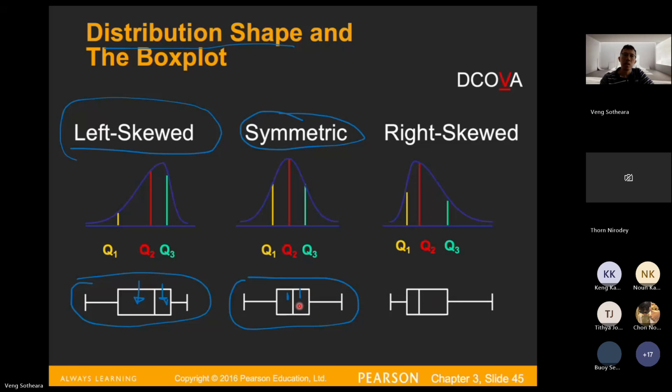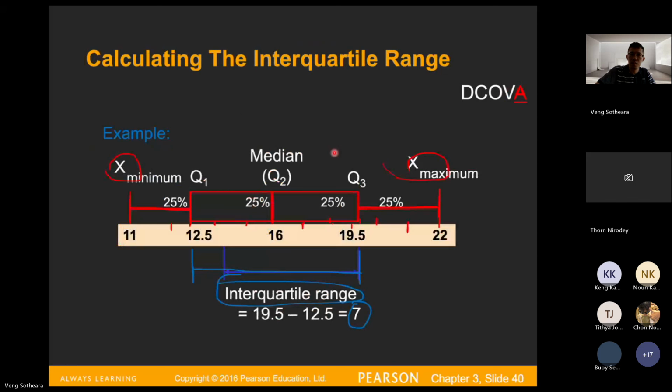So this means that everybody can use a box plot to tell about the distribution shape, whether symmetric, left skew, or right skew. So let's go back to our data set. Is our data set left skew, symmetric, or right skew?